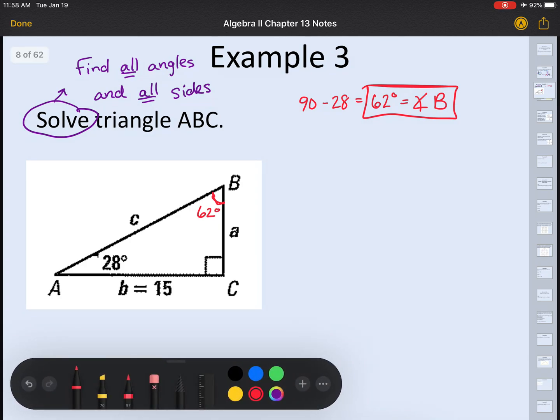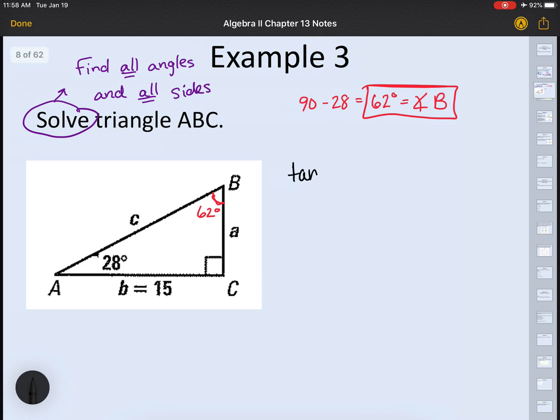Okay, now we're going to go on a hunt to find side length A and side length C. And from there, you could pick whatever acute angle you want, 28 degrees or angle B, which is 62 degrees. So let's just say we pick the tangent of 28 degrees, because our side opposite of that is A, and we don't know that yet.